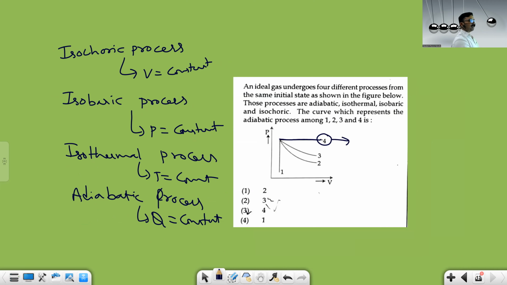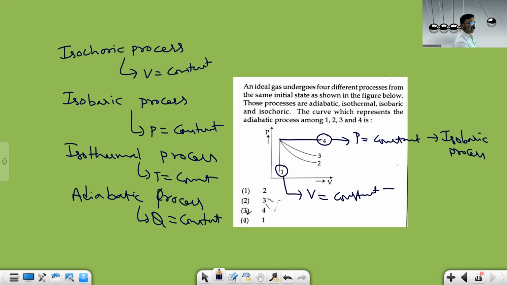That means the fourth one has constant pressure, so it is an isobaric process. This other one is parallel to the pressure axis, which means the x-axis term, volume, is constant, so it is an isochoric process. From the remaining two, one is isothermal and the other is adiabatic, no doubt.